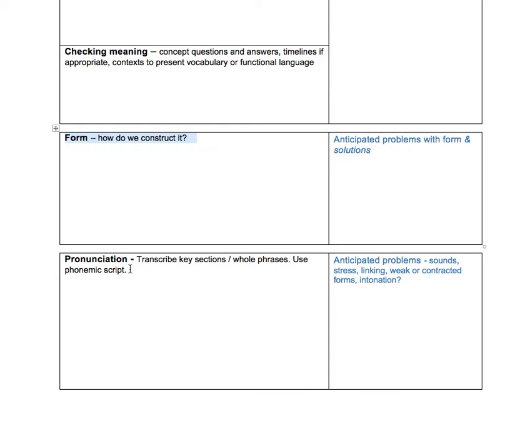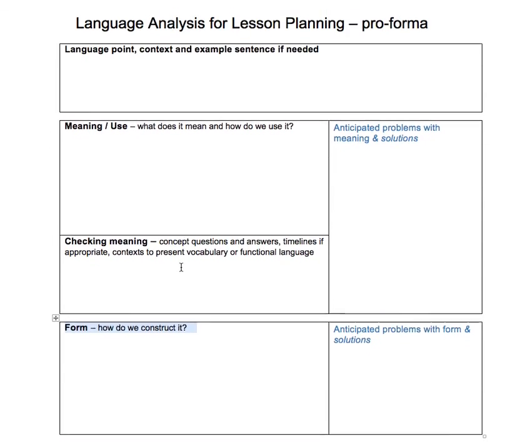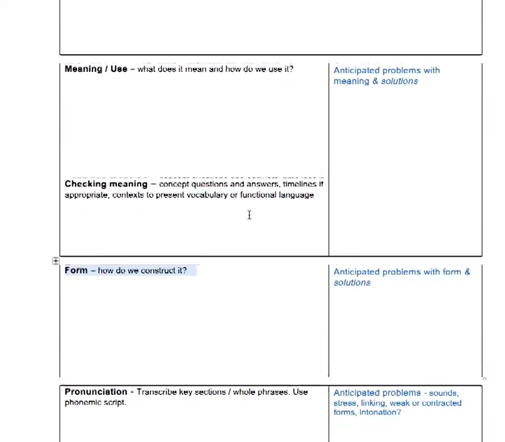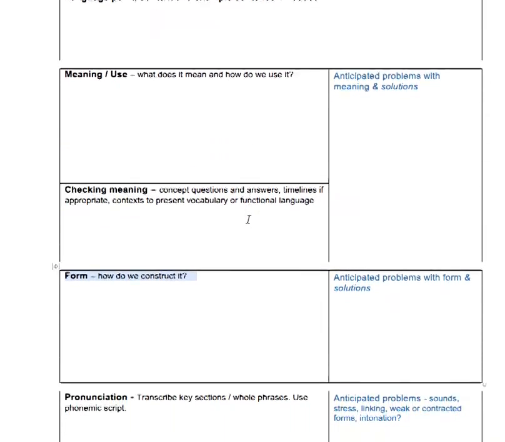Finally, pronunciation. Here, they're asking you to transcribe key sections or whole phrases in phonemic script. So here, for the grammar, you would transcribe perhaps your example sentence, one or two of those. For the functional language, again, the example sentences.